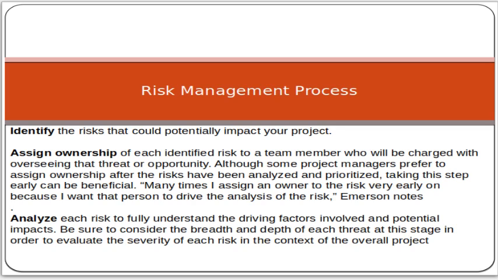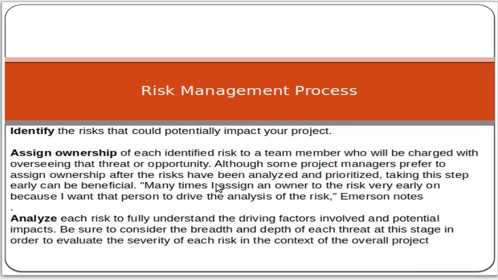Analyze each risk to fully understand the driving factors involved and potential impacts. Be sure to consider the breadth and depth of each threat at this stage in order to evaluate the severity of each risk in the context of the overall project. So that means you have to identify the severity. For example, in a few projects there is a low probability of a risk, but the severity level is very high.